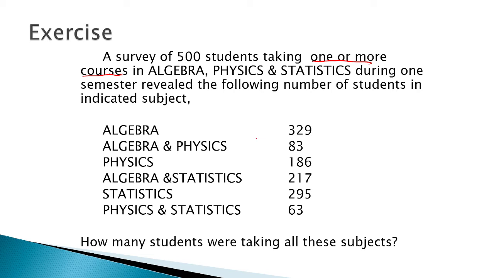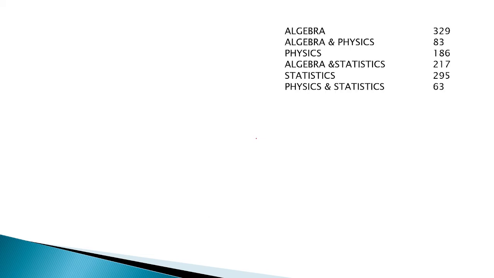We can use Venn diagram to solve this. So, how do we solve this using Venn diagram? So, nilagay ko yung given natin. Again, ang hinahanap are the number of students na kinuha lahat ng subject. So, what we can do here is, ang universe natin therefore are yung buong 500 students natin. And then, let's have 3 subsets.